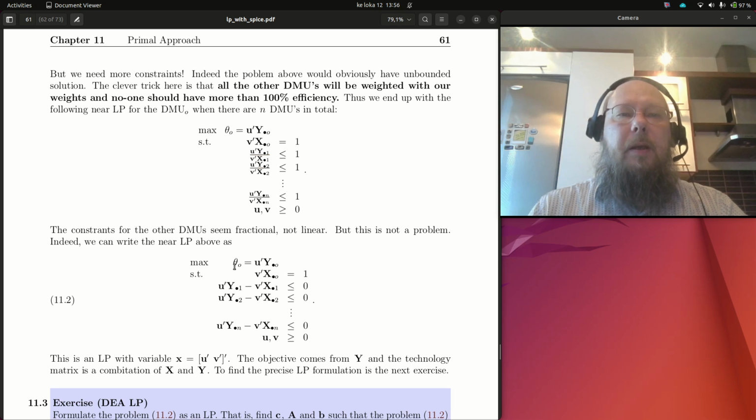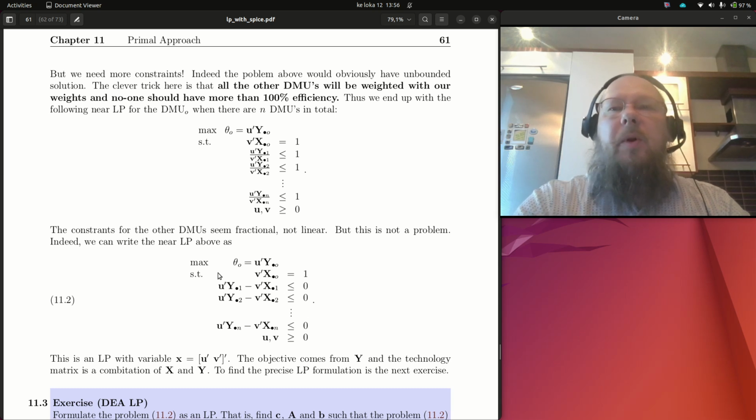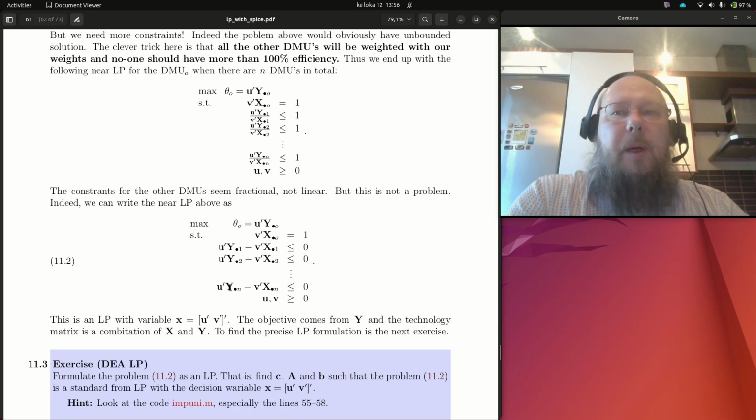So this one is less than or equal to this one, and then we put it on the other side. So it's like this. So this is a linear program. It's written in maybe a little bit confusing way, but believe me, it is a linear program. All the variables, the variable x is then u, v.